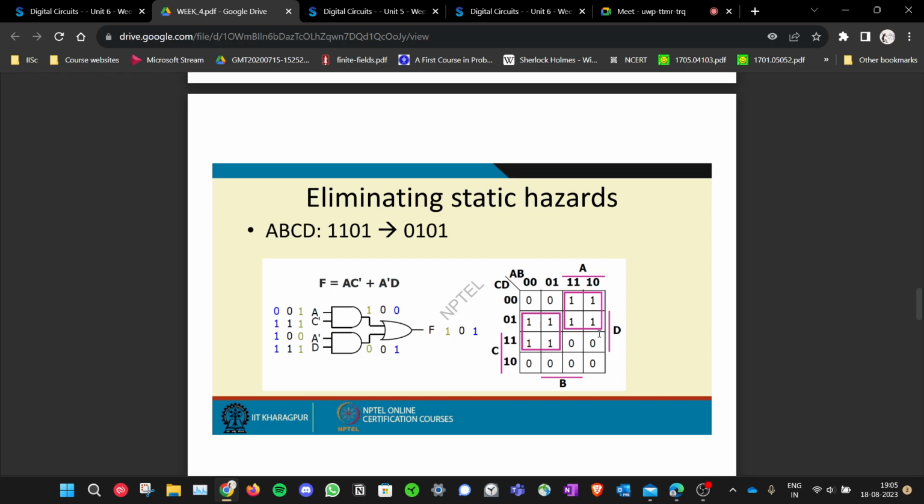What I mean to say is this is a bar b bar, a bar b, a b, a b bar, c bar d bar, c bar d, c d, c d bar. So this block is a b c bar d. This block is a bar b c bar d. So only a is changing to a bar. Okay. So in such a case, this static hazard can occur. Okay.